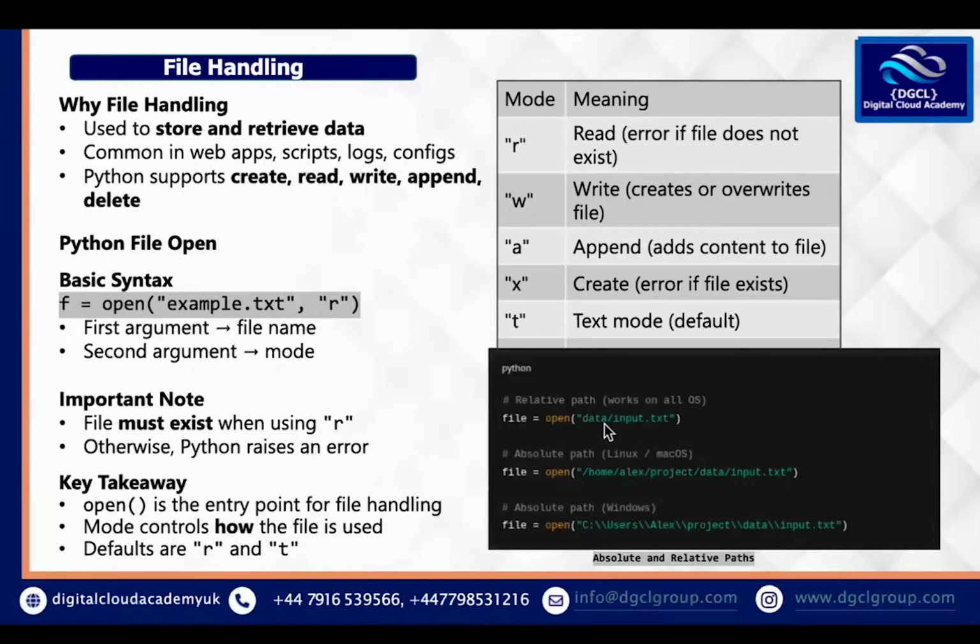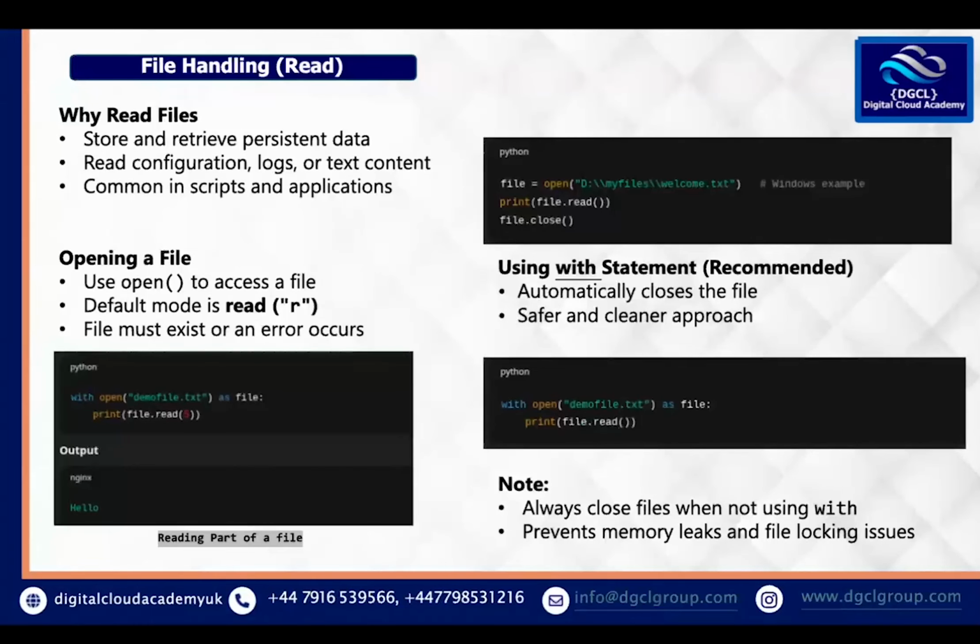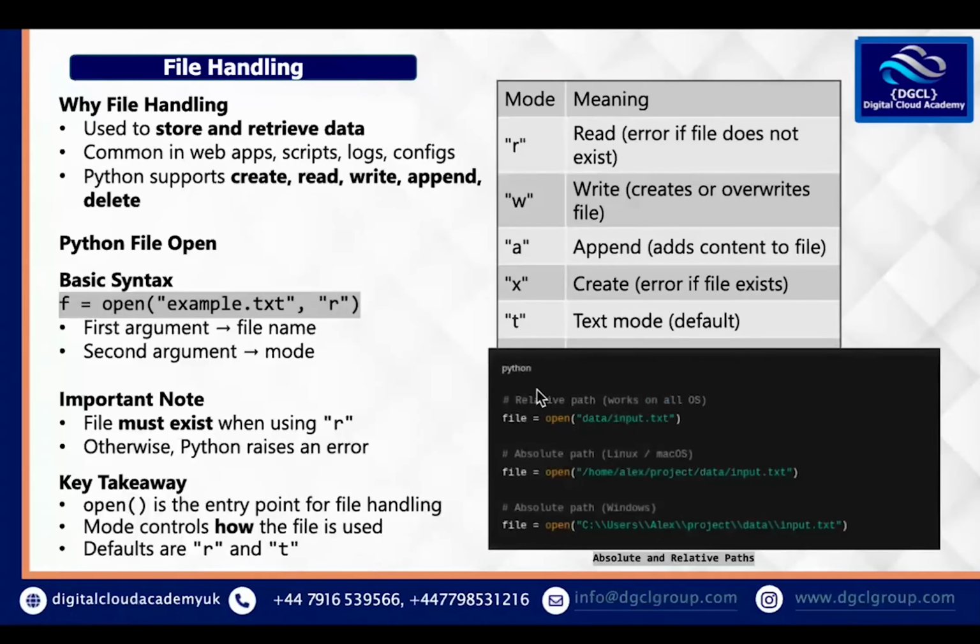If you want to open a file in your code, you write file is equal to open, and input.txt is the name of the file. So this code is just for us to open input.txt. You can see the relative path works on all operating systems.